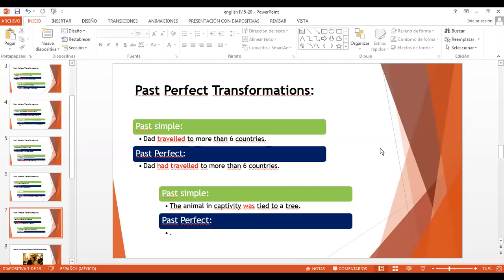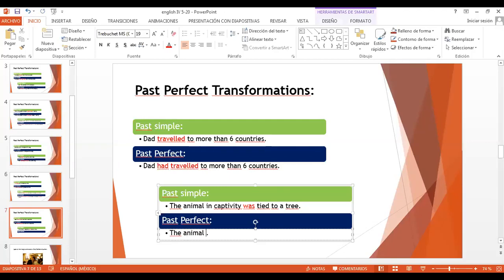So, what is the correct response? Any idea, people? ¿Queda igual? No, en este caso agregaríamos igual the animal in captivity, igual had, agregamos had. ¿Y cuál es el participio del to be? Es lo único que va a cambiar. Had been tied to a tree.